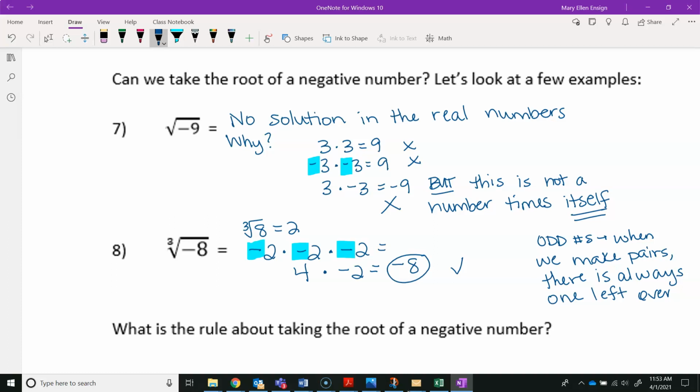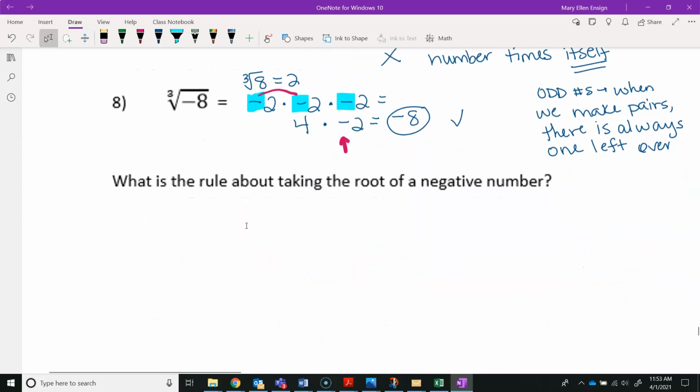I had my 2, I paired these 2 up, right? These 2 paired up to be a positive 4. Then there's this extra that's going to turn it negative. So that's always going to happen when we have an odd number of negatives. What caused us to have 3 here instead of 2? It was the index.